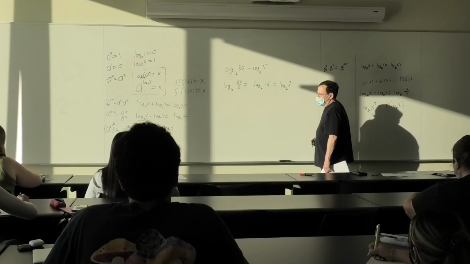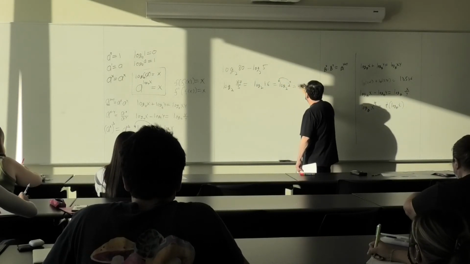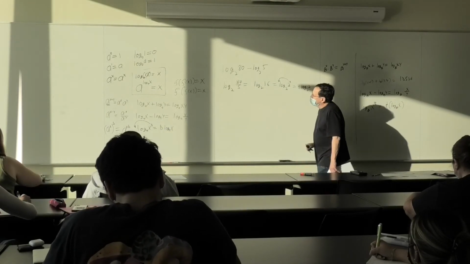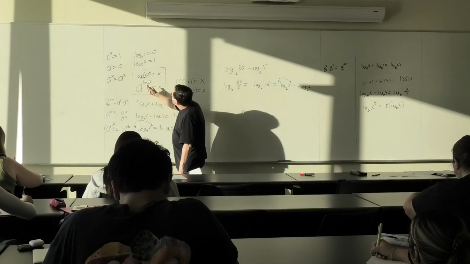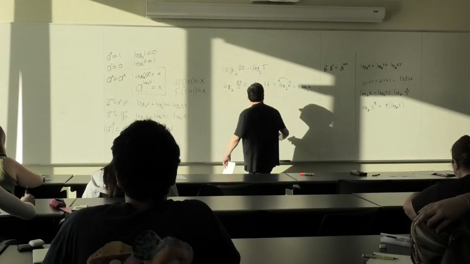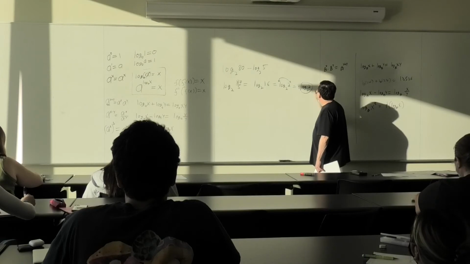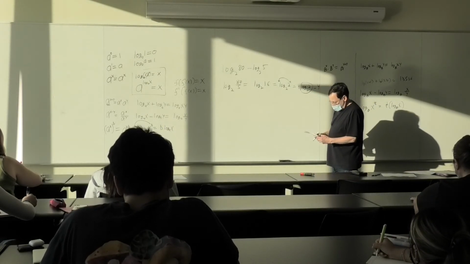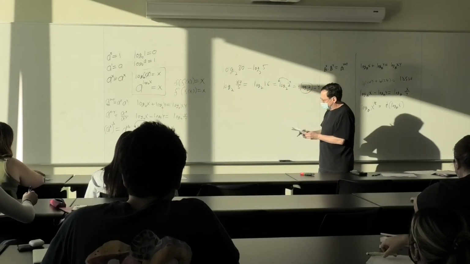I can move this in front. That's 4 log to the base 2 of 2. Log to the base a of a is 1, so log to the base 2 of 2 must be 1. This is just 4. So that's how you could simplify this.